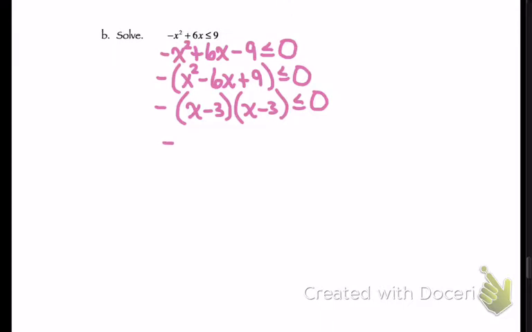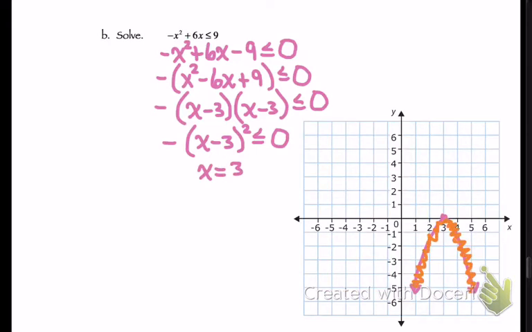I'm going to clean that up a little bit. I'm going to write x minus 3 squared. Think what makes that 0? Well, what makes that 0 is positive 3. So I'm going to plot that point, positive 3. Look at your leading coefficient. Your leading coefficient is negative. So I know this parabola has to open down.